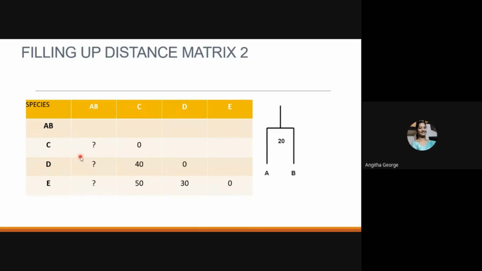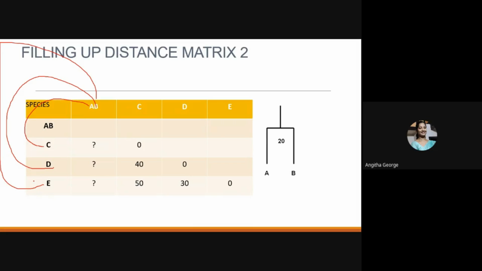The unknown values are the distance between AB and C, the distance between AB and D, and the distance between AB and E. How do we find them?